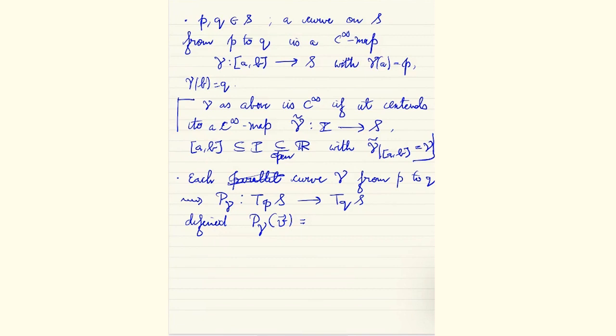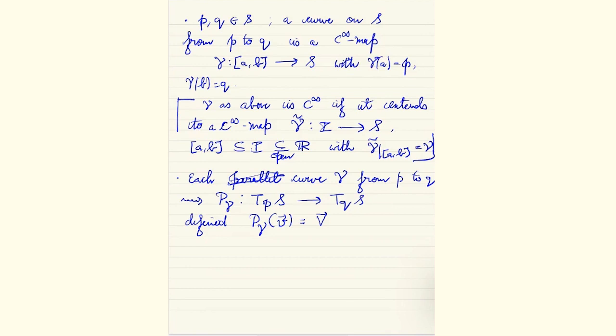So you're given a T naught in this interval I, then you are given a vector V here, and by the theorem, there is a unique tangential vector field which is parallel along the curve, such that the vector field capital V at P is actually the tangent vector v that you started out with.